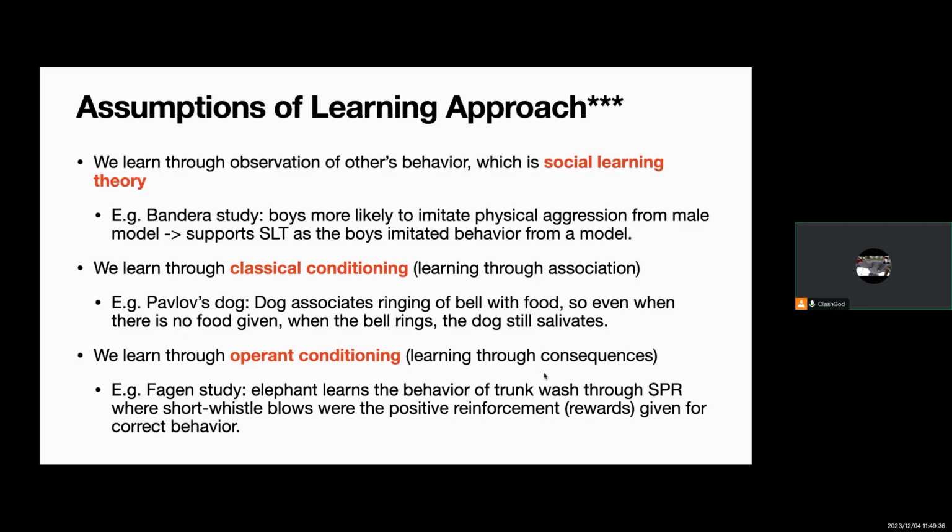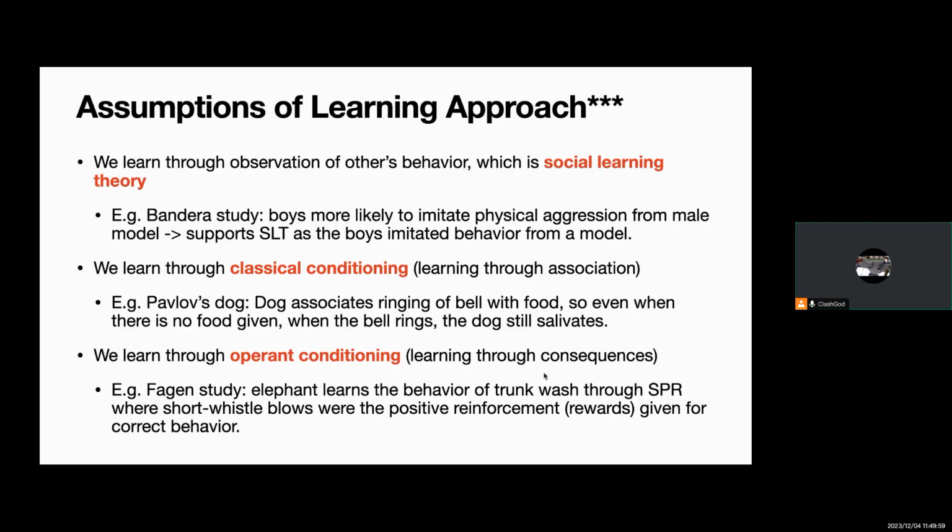And then give an example. For example, give an example of the Bandura study, or Pavlov's dog for classical conditioning. If it's a 3-mark question, you have to explain what social learning is. For example, you first say that people learn through social learning. And social learning is learning through observation of others' behavior. And then you give an example. So that's the 3-mark question.